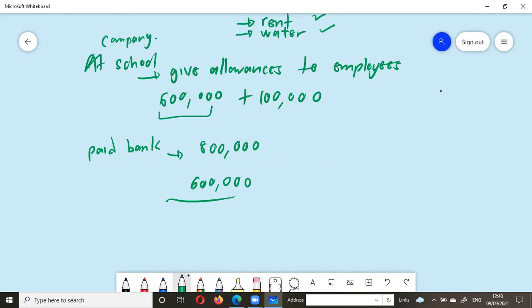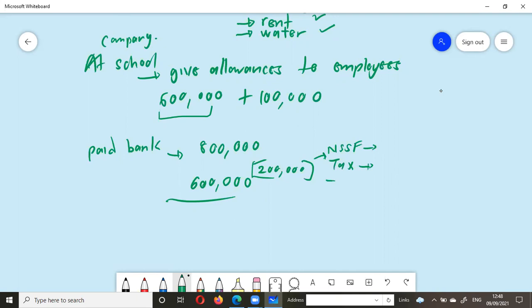Almost 200,000 has gone. Remember, the government will charge us. They will tell you that NSSF has been taken, and maybe tax has been taken, and other things. So these are all expenses, the charges taken by the government: NSSF, tax, and all those things.